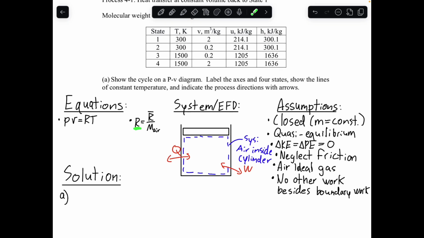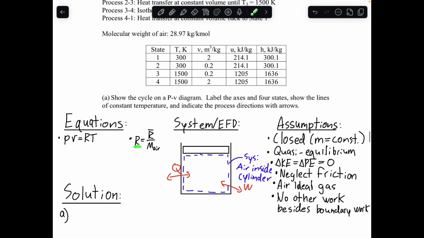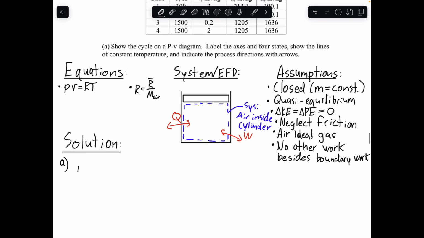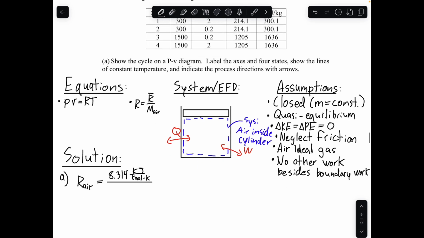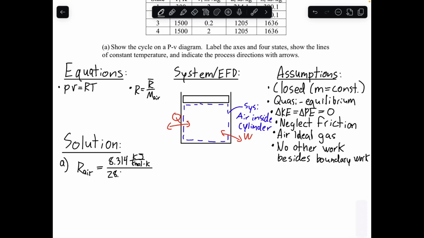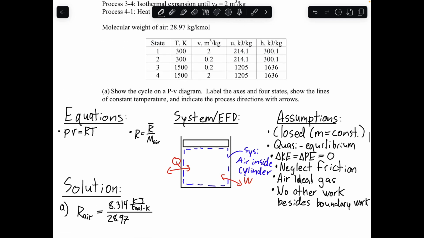First, I'll just solve for this R in case you forget the R value for air. It's just R of air is equal to that R bar, which is 8.314 kilojoules per kilomole Kelvin, divided by our value for molecular weight, which is 28.97 kilograms per kilomole.